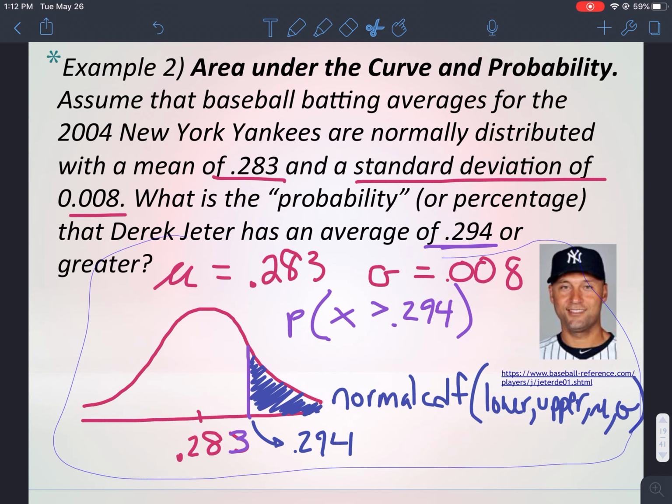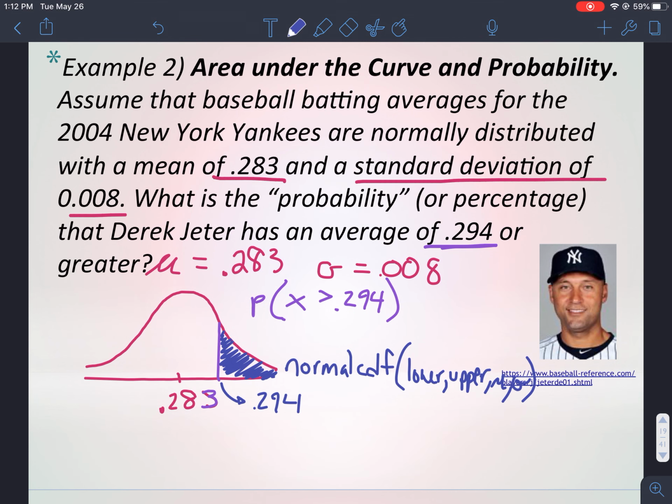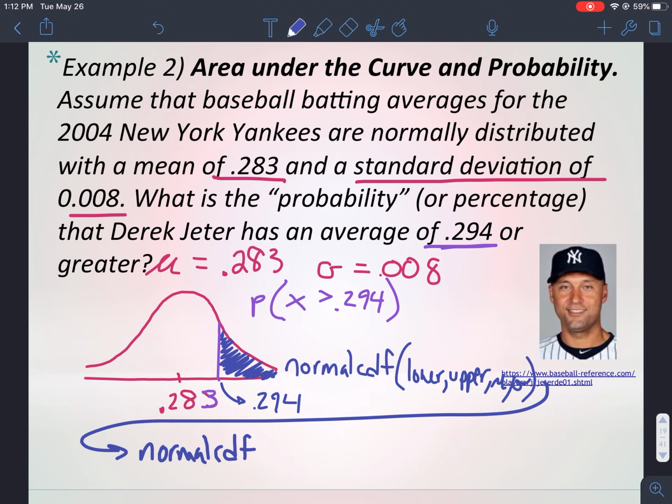The lower bound will be 0.294. The upper bound goes on to infinity, goes all the way forever.